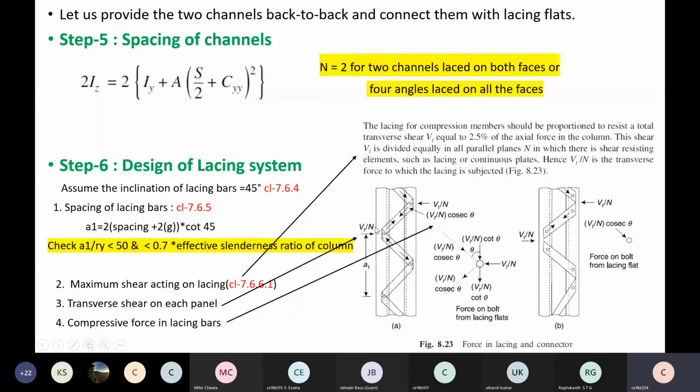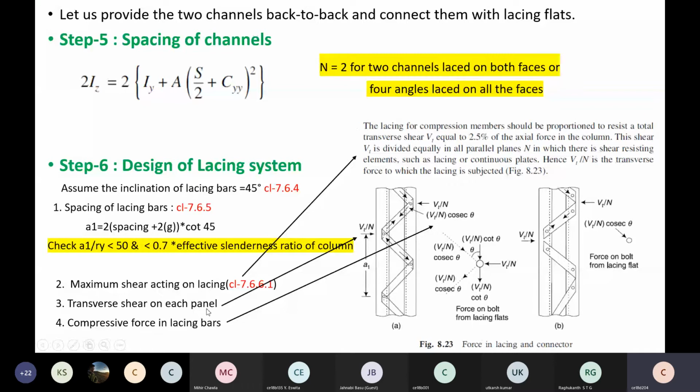Once the maximum shear is calculated, we have to calculate the transverse shear acting on each panel, which is given by Vt by N. You can see in the figure, the transverse shear is Vt by N. Here N is the number of shear resisting elements. Here we are providing two channels laced on both faces, right? So N will become 2. If it is 4 angles laced on all faces, N will also become 2.